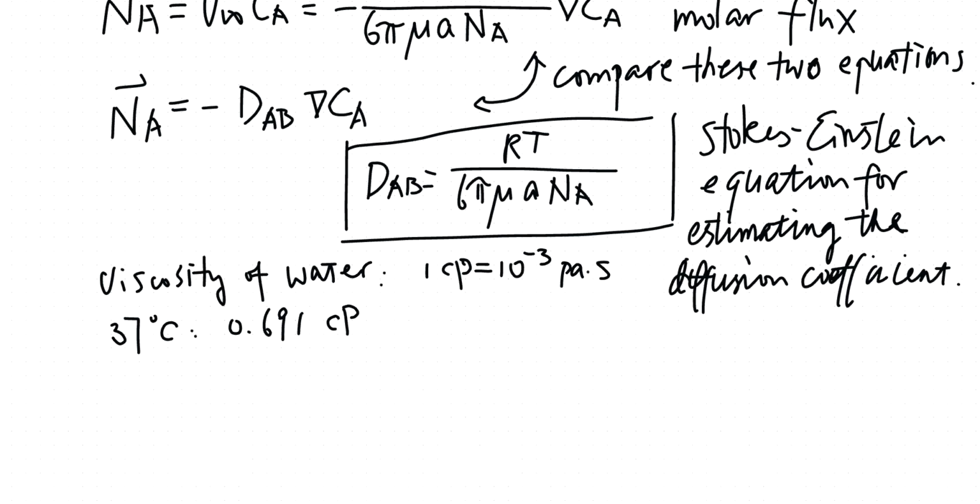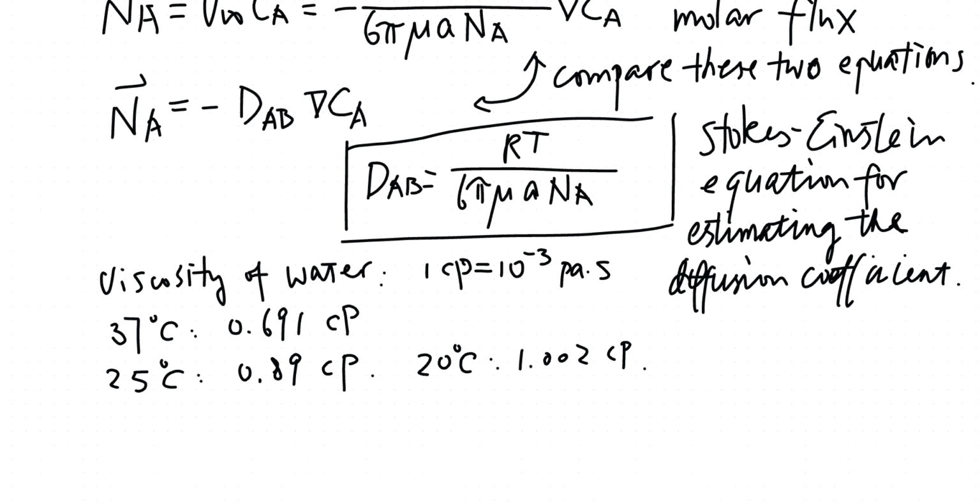So that is at 37 degrees, and at 25 degrees C, the viscosity is 0.98 centipoise, and at 20 degrees C, the viscosity of water is 0.002 centipoise.